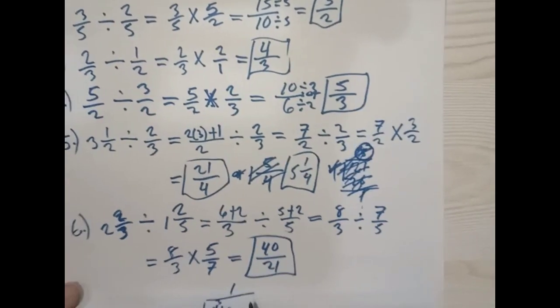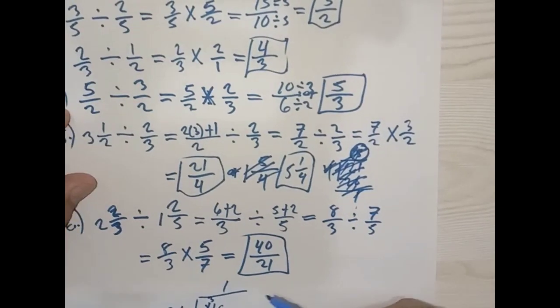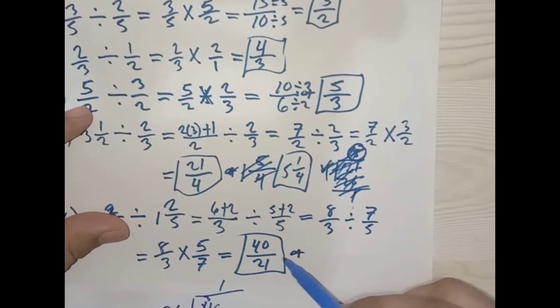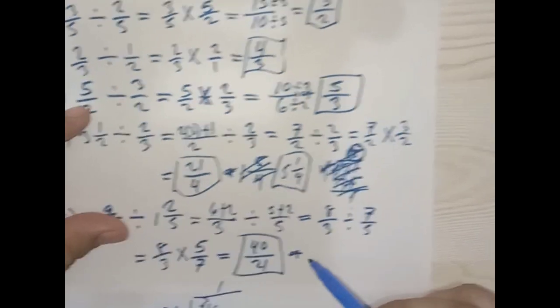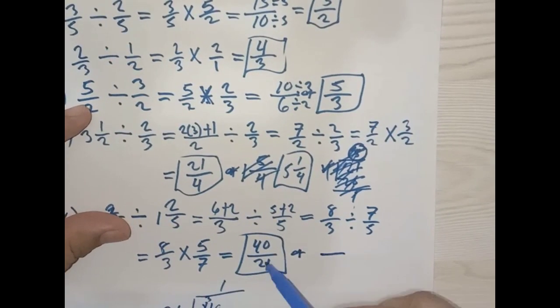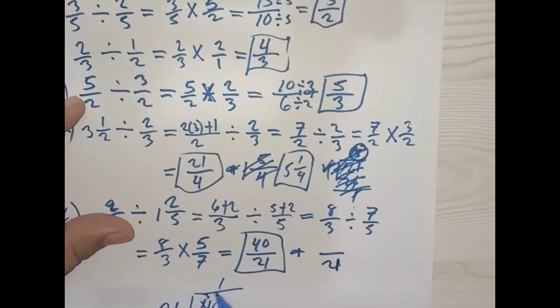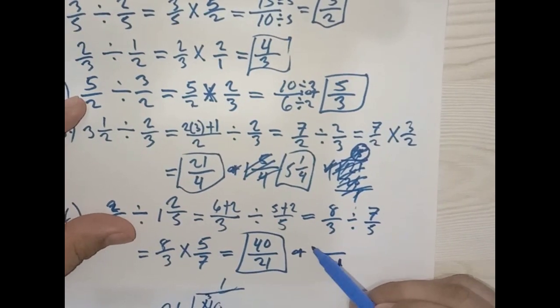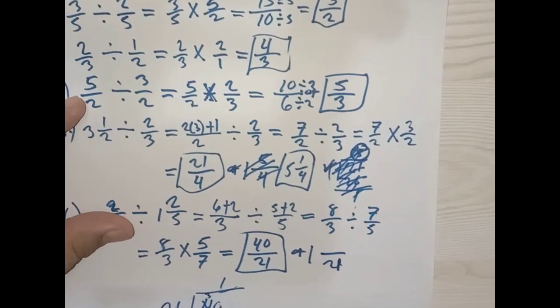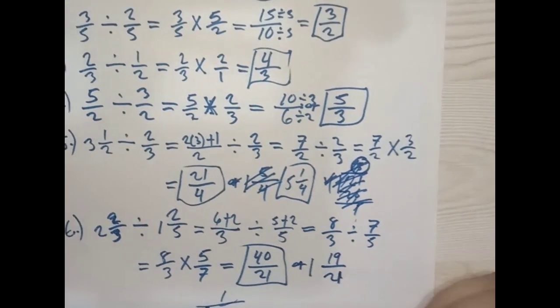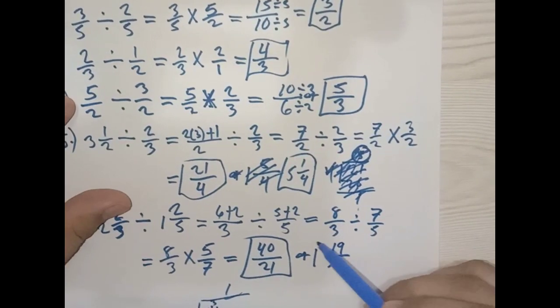Yan. So ang sagutan is 40/21 or copy the 21 denominator, and then yung 1, itong whole number natin ilagay sa gilid, and then itong 19 ay dito sa taas. Okay? So, ito yung final answer natin.